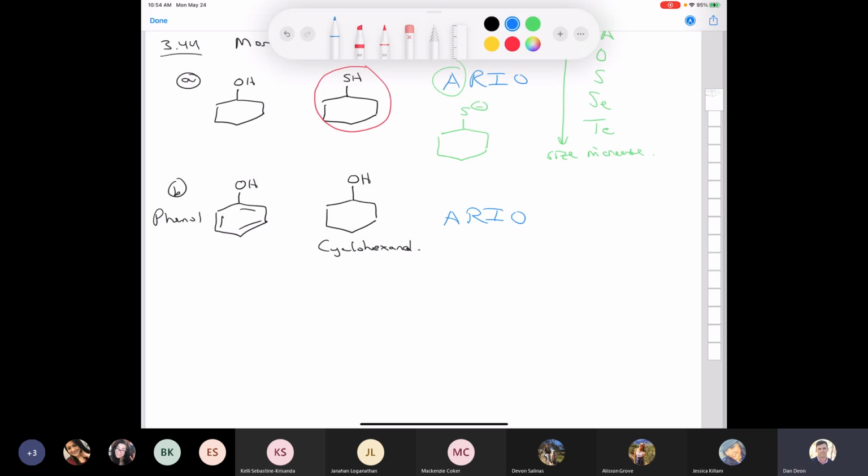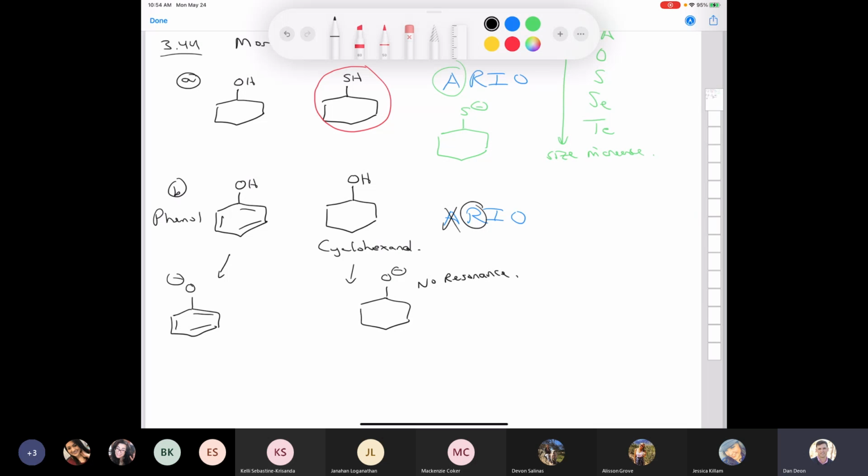right? The negative charge on both of these, if you draw the conjugate bases, that would result if you have this conjugate base on the phenol versus this conjugate base from the cyclohexanol. The negative charge is on an oxygen in both cases, so you can't use that. However, you can use resonance. There are no resonance contributors here, no resonance.